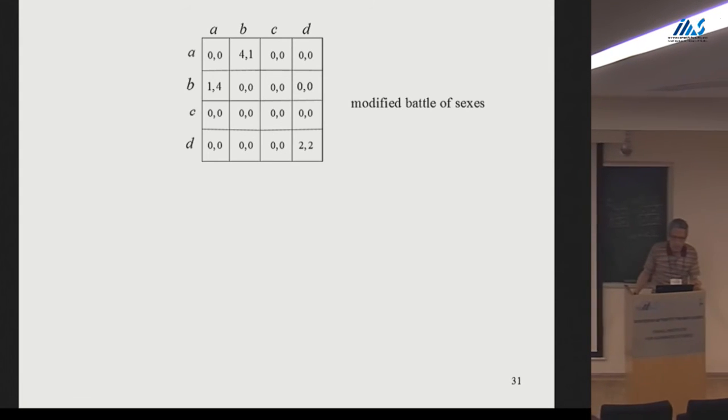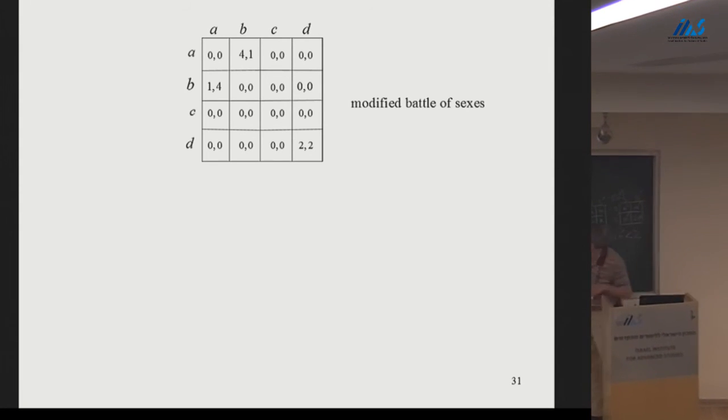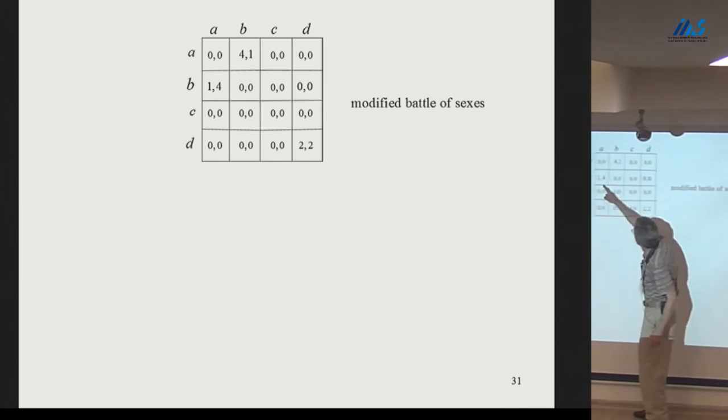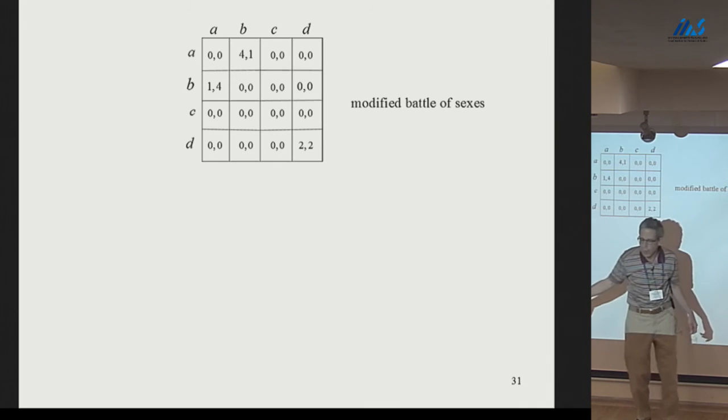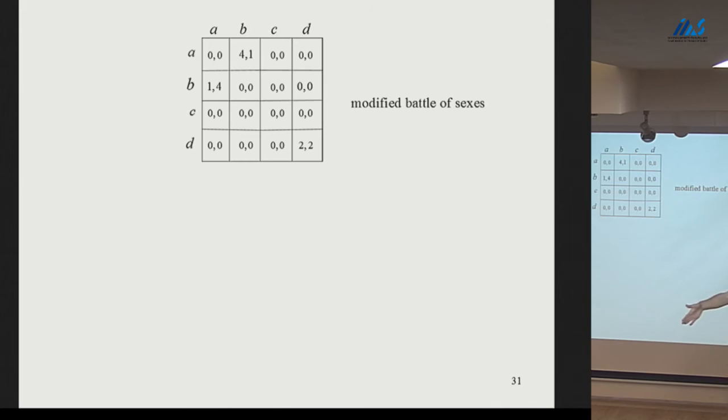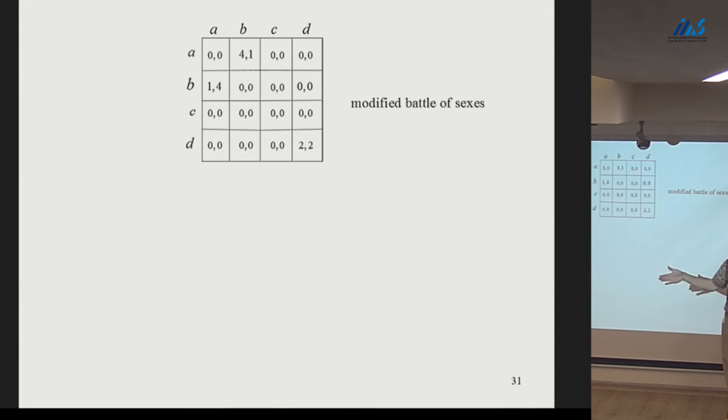The strongly efficient payoffs for the battle of the sexes are here and here. The average payoffs will be 5 halves for either player.